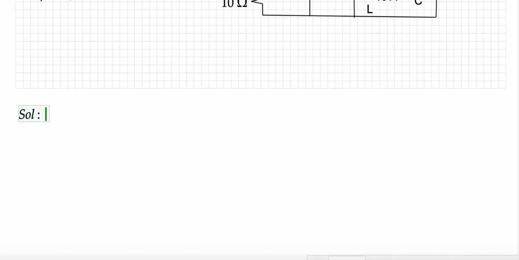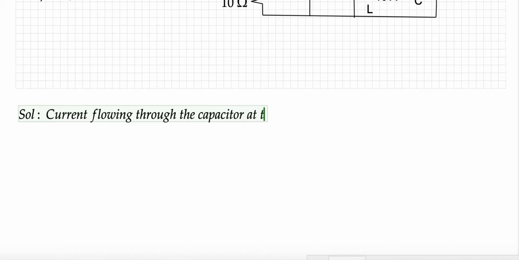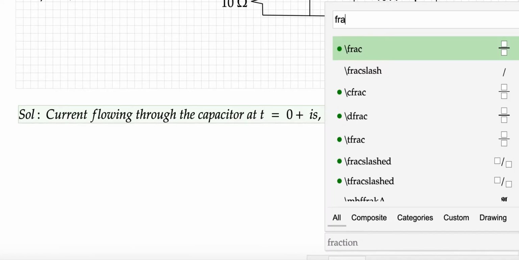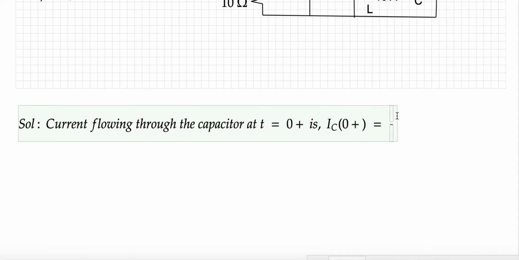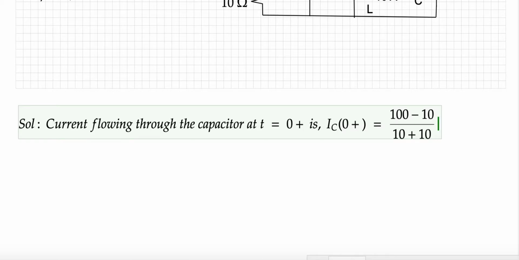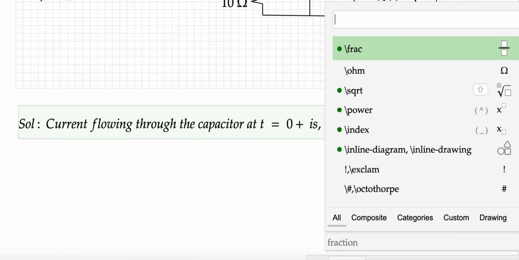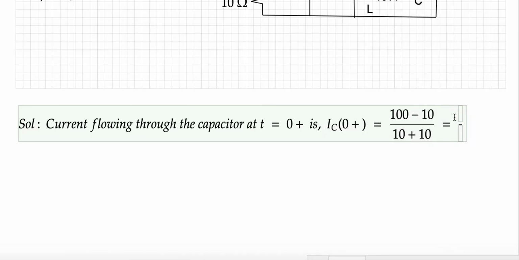Let's write it here. The current flowing through the capacitor at t equal to 0 plus is IC(0+) equal to 100 minus 10 in the numerator, denominator 10 plus 10, that is 20. 90 upon 20 is 4.5 ampere.